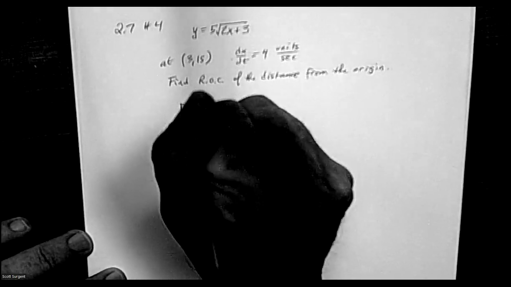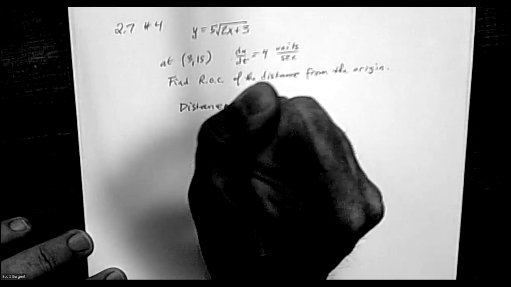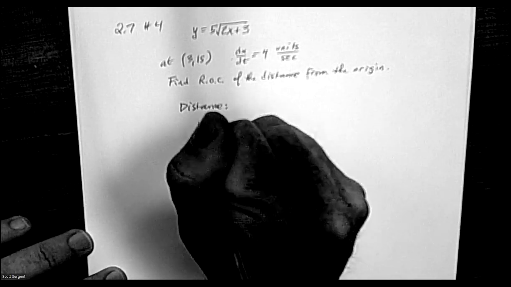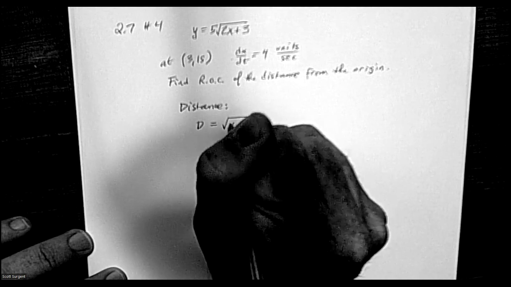So let's work this question here. We've got a function y equals 5 square root 2x plus 3. And we're told that dx/dt, the rate of change, is 4 units per second. That's for the change in x. We want to find the rate of change of the distance from the origin. So the distance is actually a function. I'll use the Pythagorean formula for that.